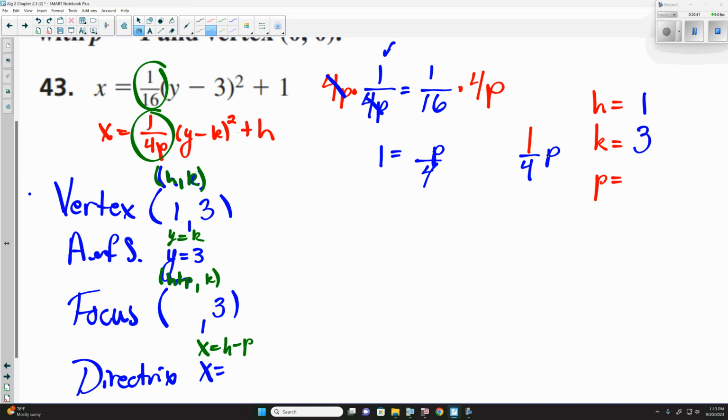We want to get the p by itself. So here, we're multiplying the p by 1/4, yes? The other case, we're dividing p by 4. It's the same thing. p divided by 4. How do I undo division? Multiplication, yes? So what can I multiply both sides by?